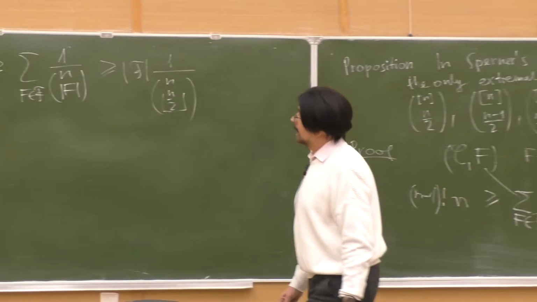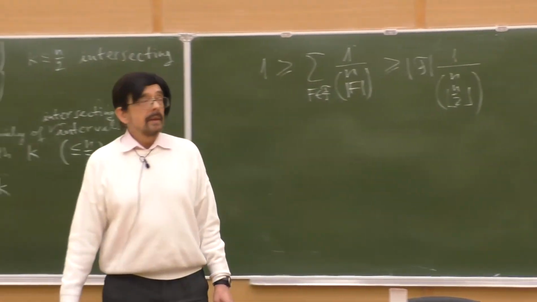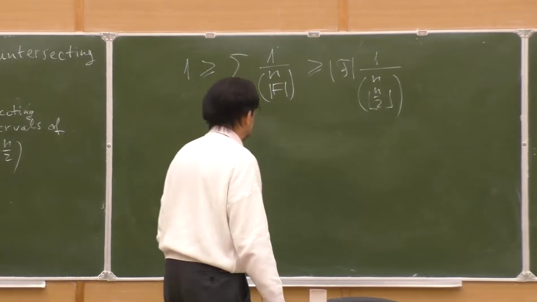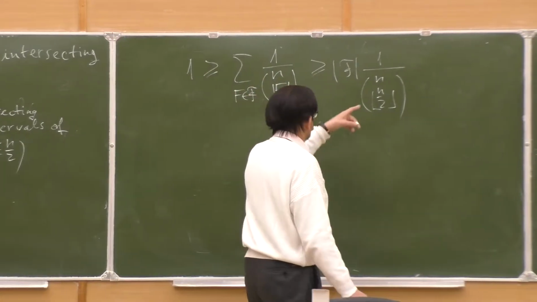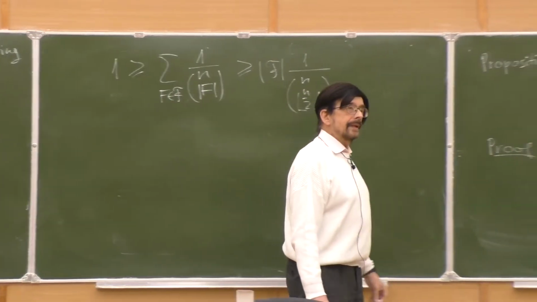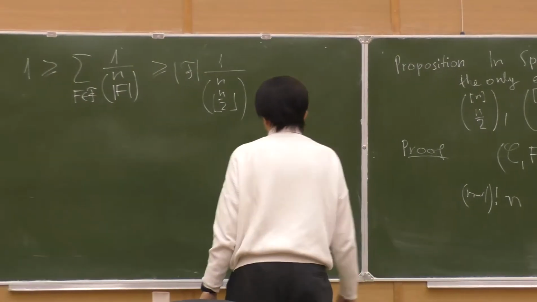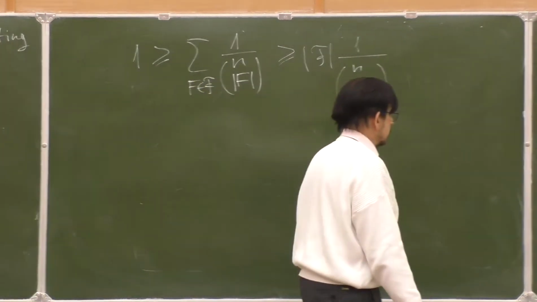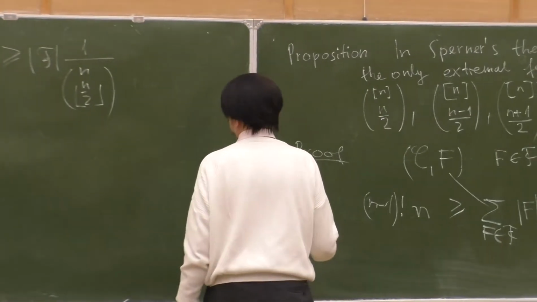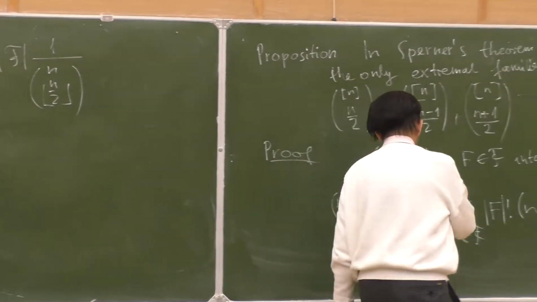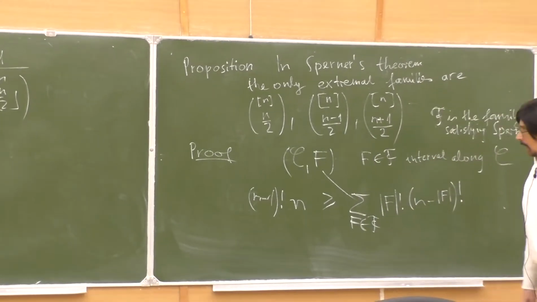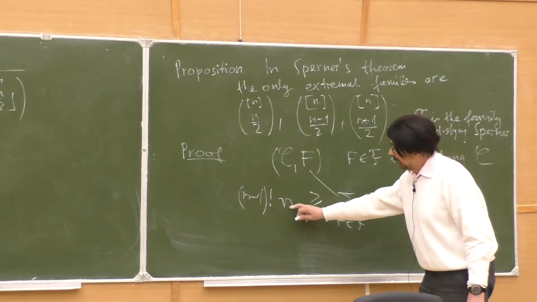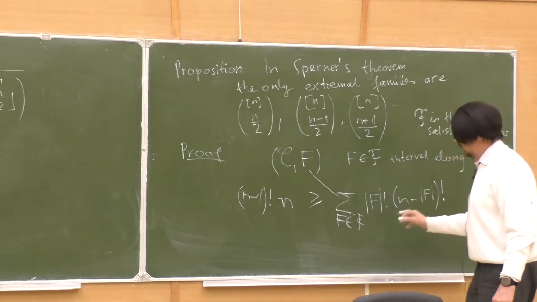But now we are able to determine the extremal families. Namely, we follow where we have equality. So here at that point, we have equality if we have n here for every f.